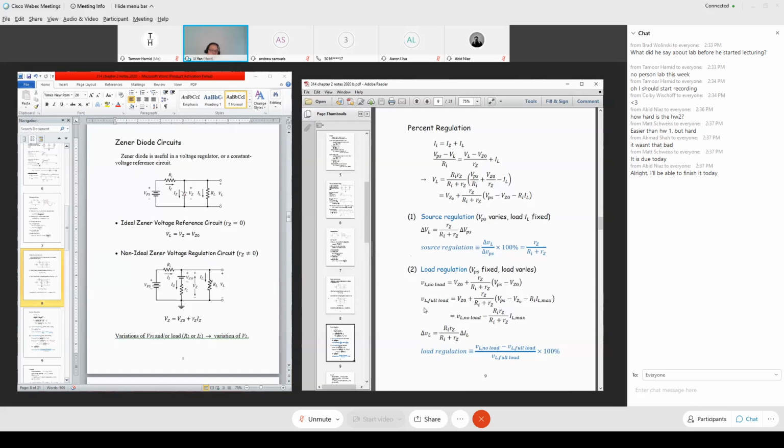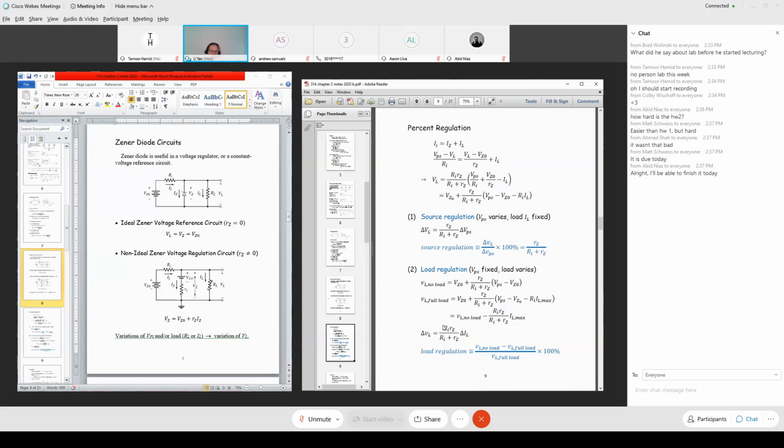So I can write the load voltage under full load condition equals the load voltage under zero load current condition plus an additional term. The difference between the no-load voltage and the full-load voltage, I call delta VL.